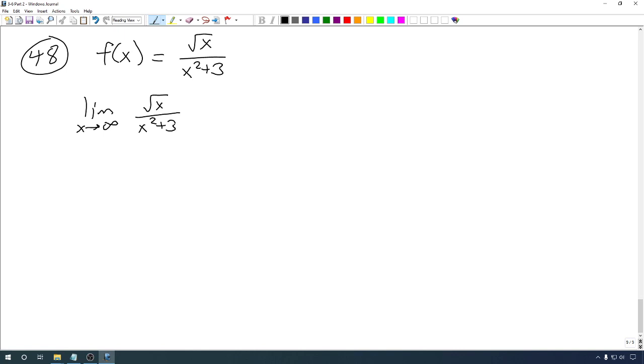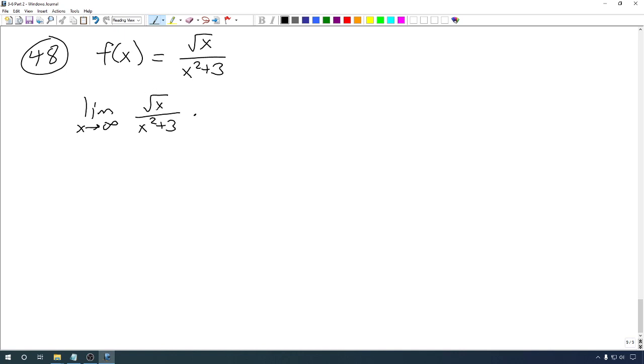We can't immediately use our rules for rational functions. This is no longer a rational function because we don't have a polynomial on top and bottom. So we're going to have to think about this a little bit more. But the tricks that we used in problem 44 actually are still true. We can think about what is the biggest power of x on top and bottom. It's actually still x squared in this case.